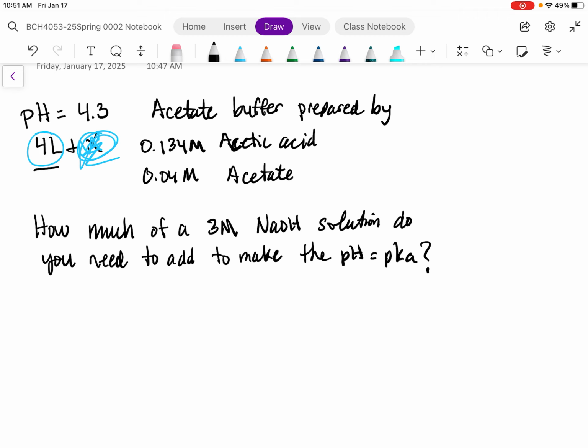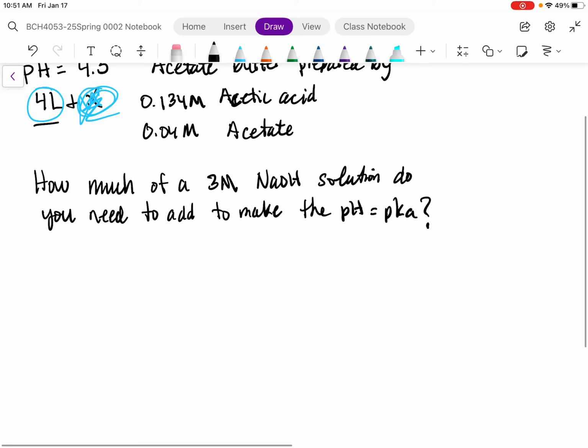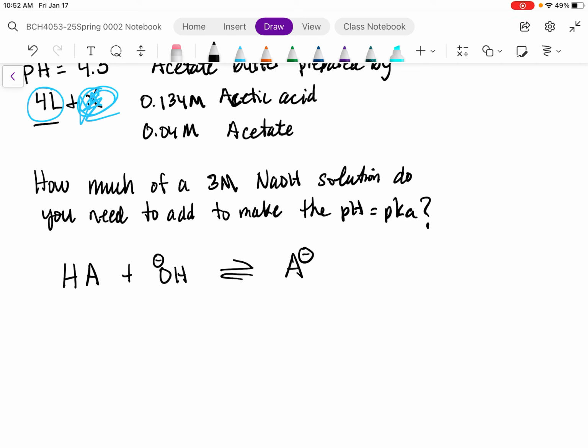In order to do that, we have to write down the equation. So we have the acetic acid that I'm just going to represent by HA, and we are going to add hydroxide. And then at equilibrium, that will convert into the conjugate base, which is our acetate, and that would make water.